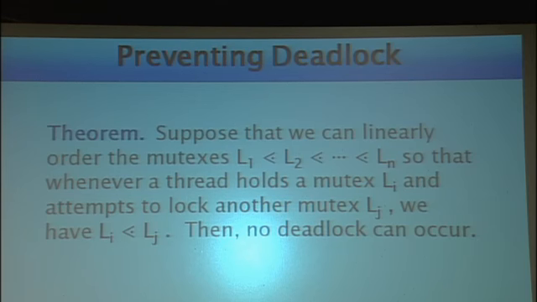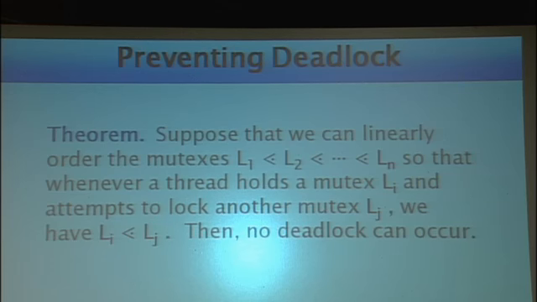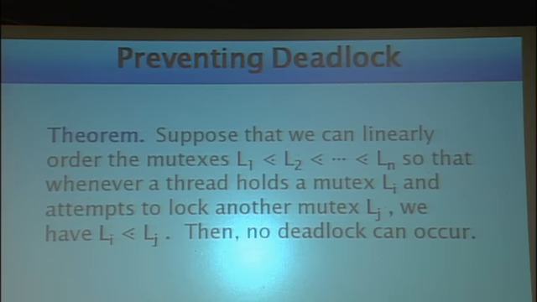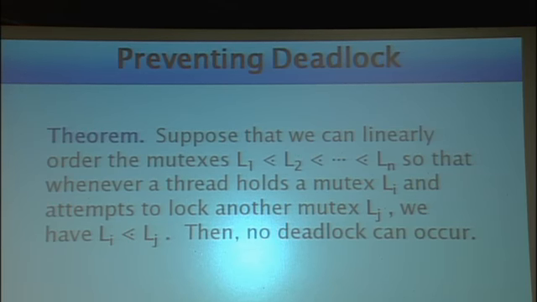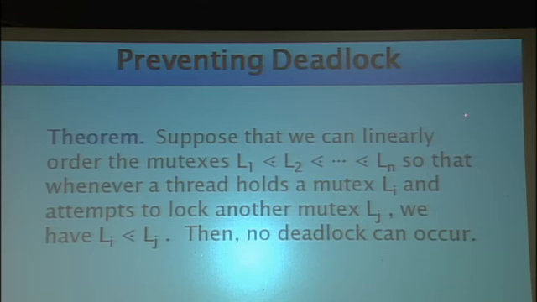Then no deadlock can occur. So always grab the resource. If they can all order the resources so they're always grabbing them in some subsequence of this order, always grabbing one that's larger and larger, and you're never going back and grabbing one smaller, then you have no deadlock.